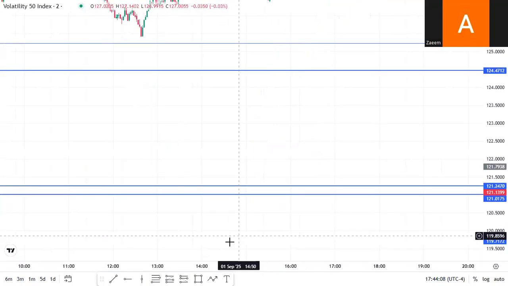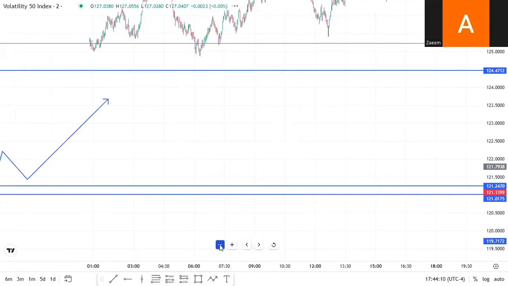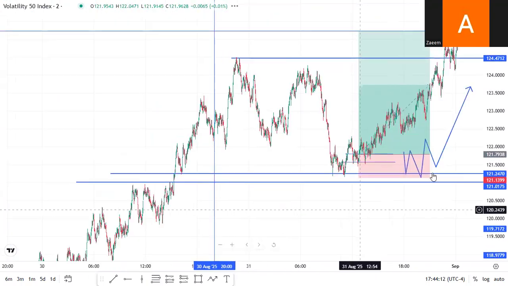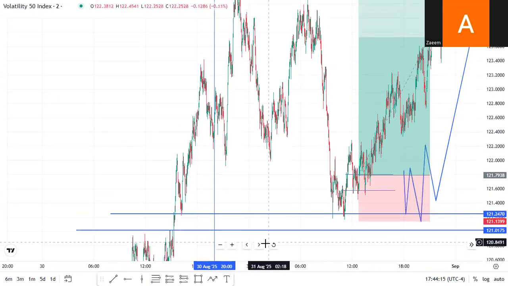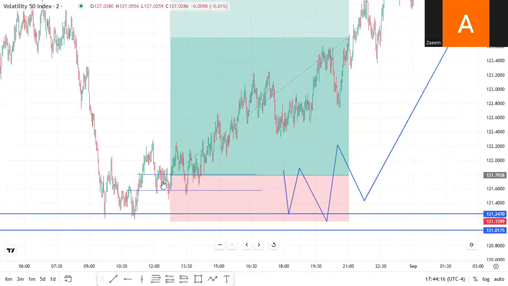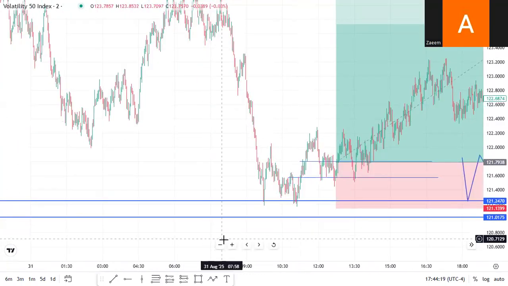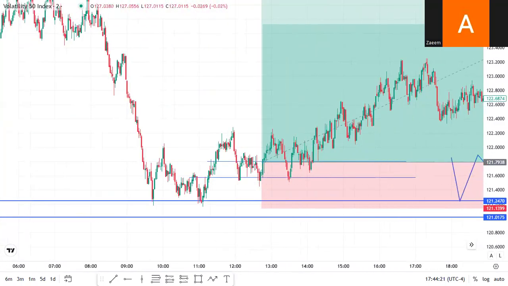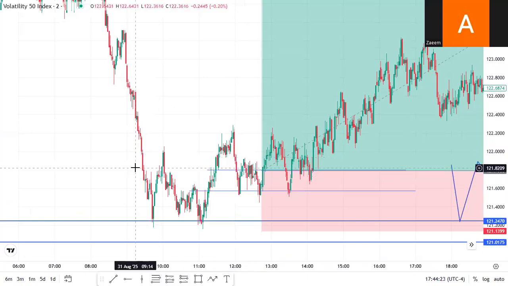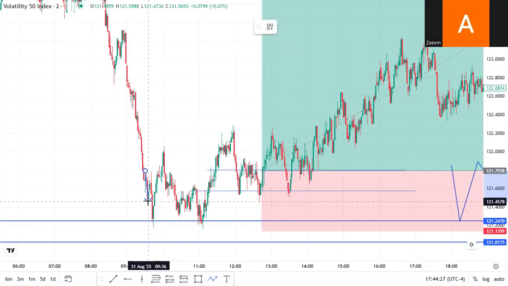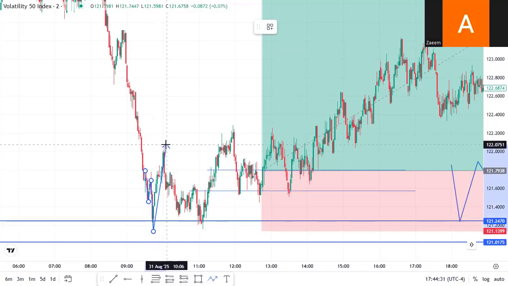As price is hitting that level, that is what I'm looking for, right? The same thing has happened over and over again. We touch this line, then move to the upside.